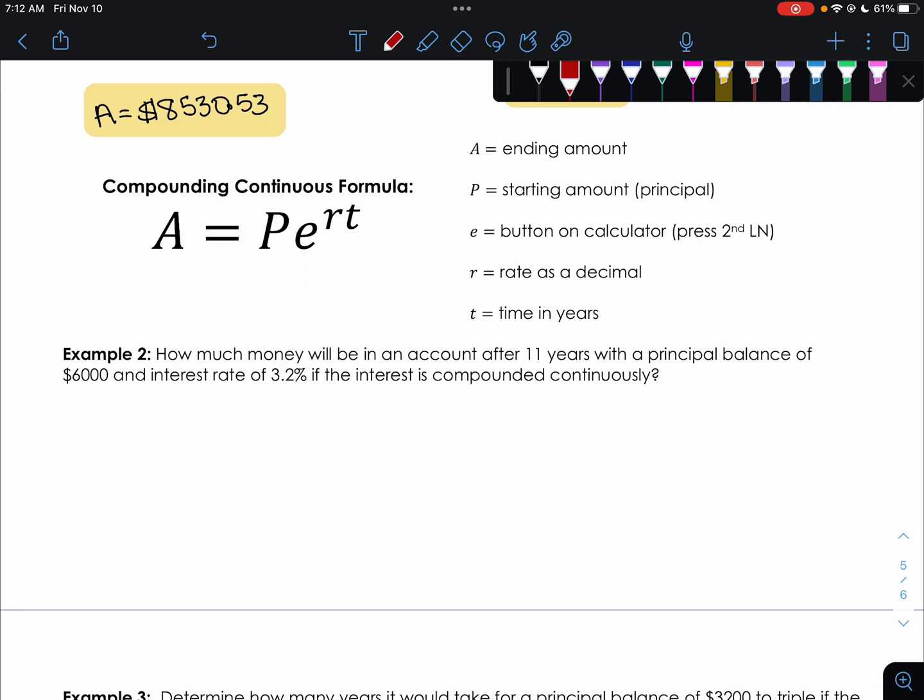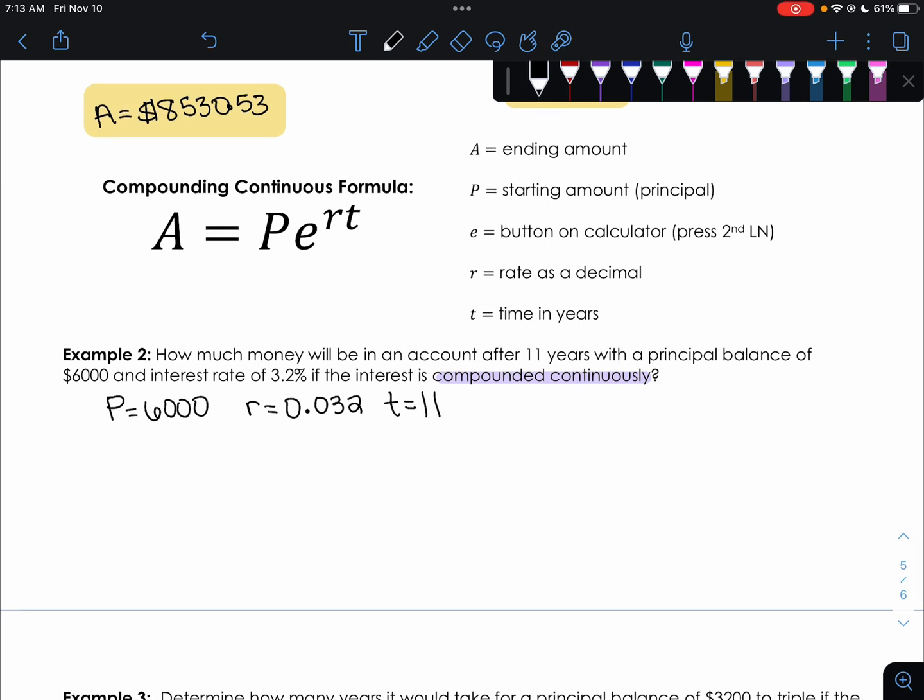So how much money would be in an account after 11 years with a principal balance of $6,000, interest rate of 3.2%, and its interest is compounded continuously? So that's how we know to use this formula. It's the same information as above. Our principal is $6,000. Our rate is 0.032, and our time is 11.